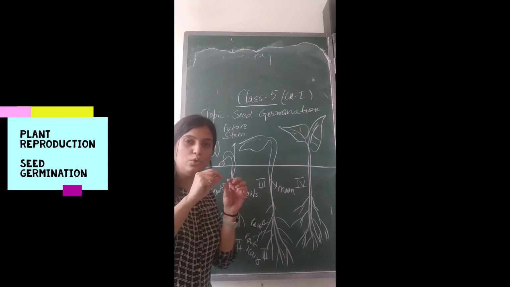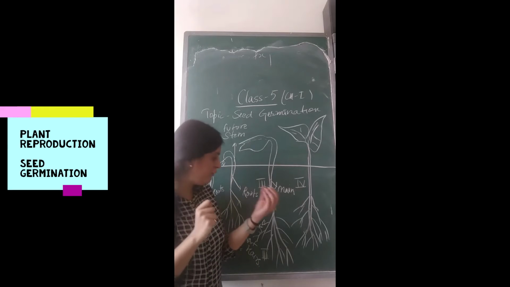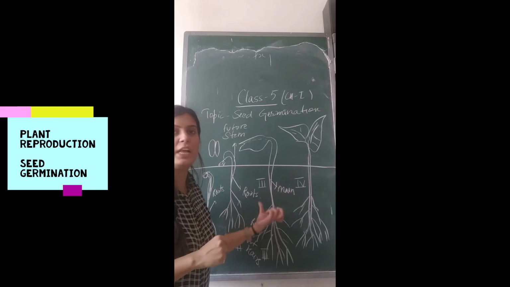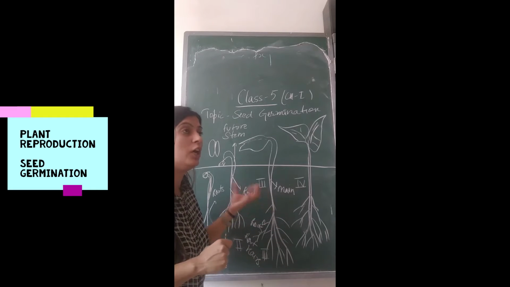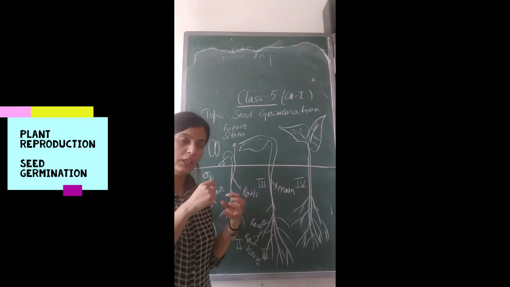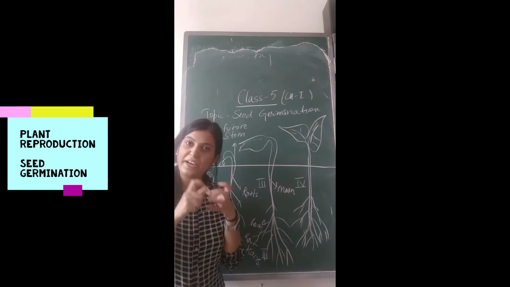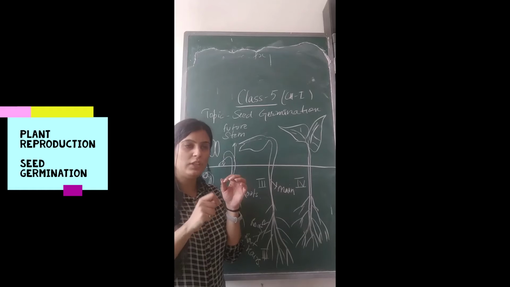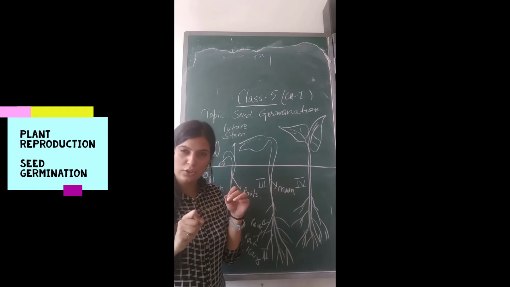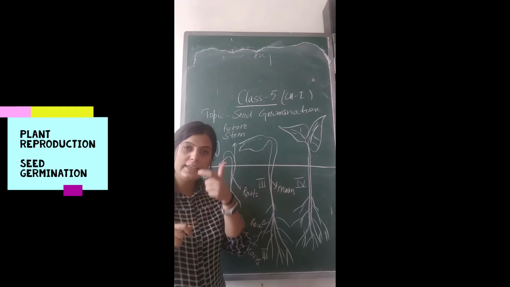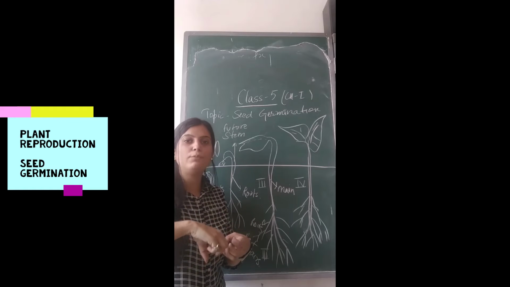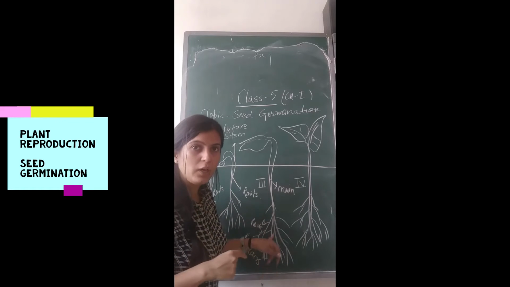Root hairs start developing on the roots, which help in the absorption of water. Sometimes when you see roots, like a carrot, which is also a root, you see tiny hair-like structures. These are also called taproots, which help in the absorption of water from the soil.